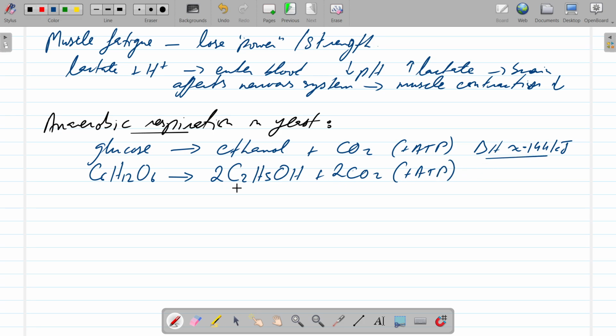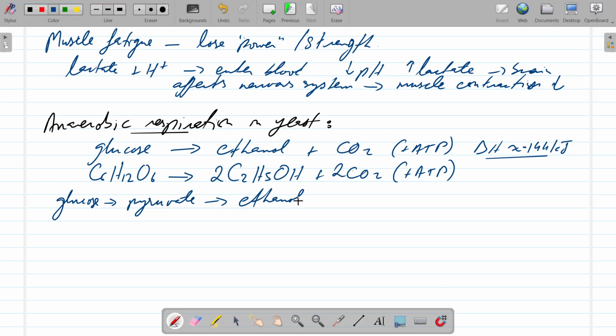And the thing about ethanol is, unlike lactate, which is converted back to pyruvate and then reused, ethanol does not go back to being glucose. To be clear, glycolysis is occurring, so glucose goes to pyruvate, and that goes to ethanol.